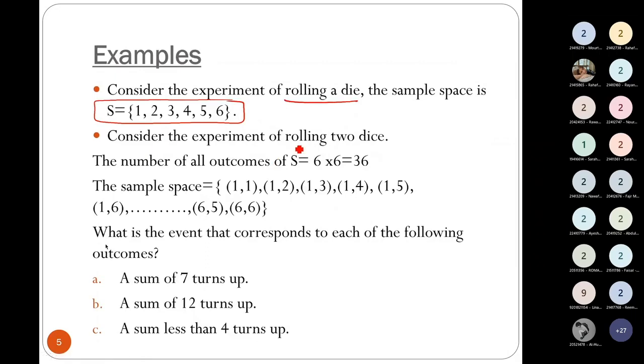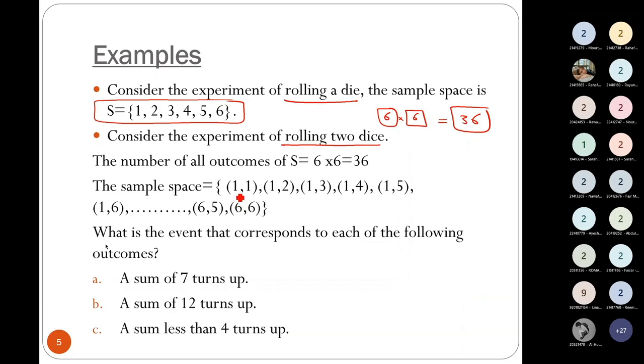Now consider the experiment of rolling 2 dice. The first die has 6 outcomes, the second die also has 6. 6 multiplied by 6, so we have 36 outcomes.